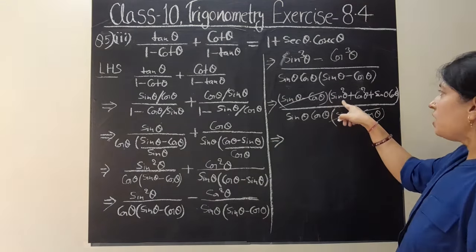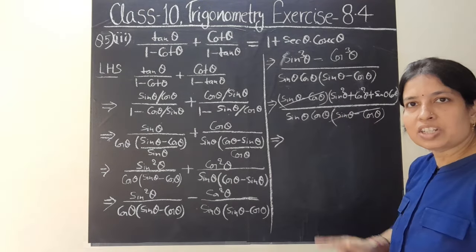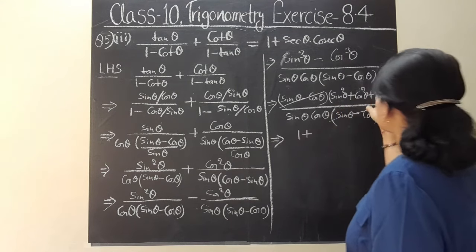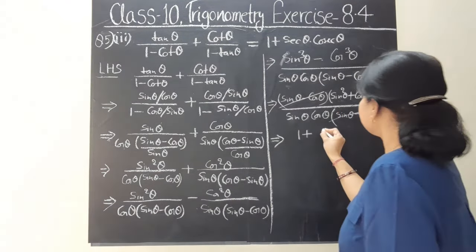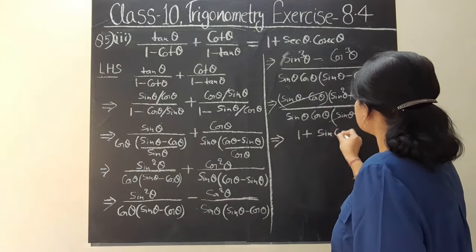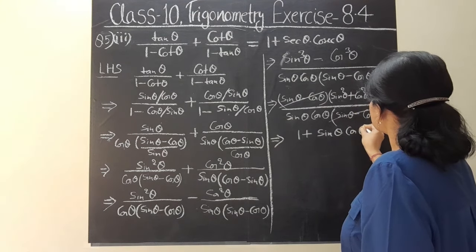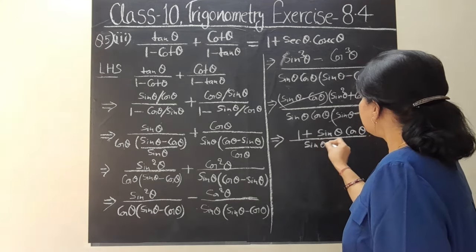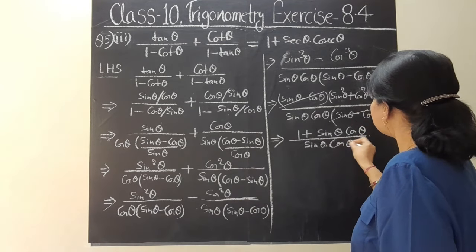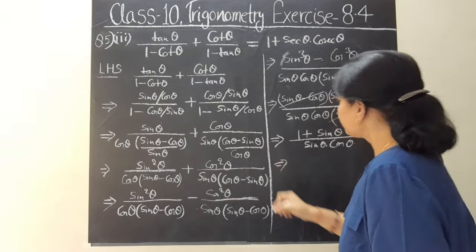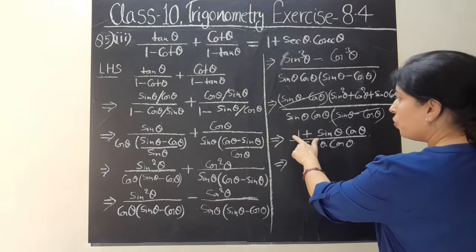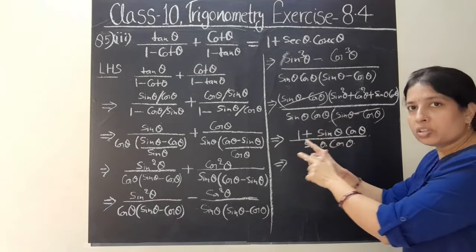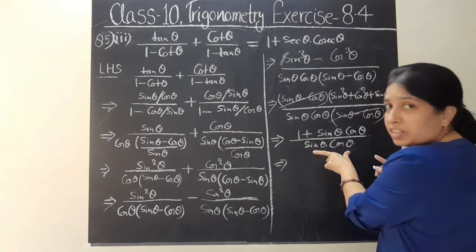Here look, sin square theta plus cos square theta is equal to 1. So write here 1 plus sin theta into cos theta, which is divided by sin theta into cos theta. On top there are two terms, one and the second term is sin theta into cos theta. So both terms will be divided by this denominator.